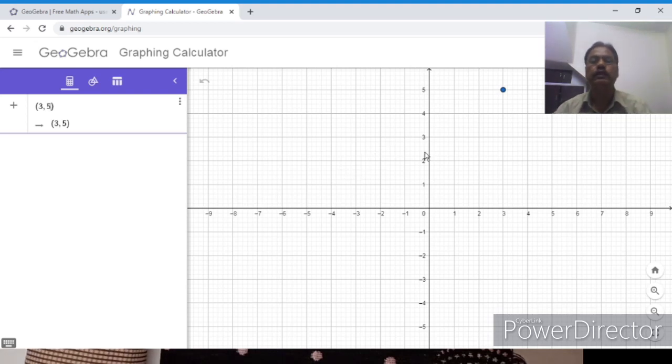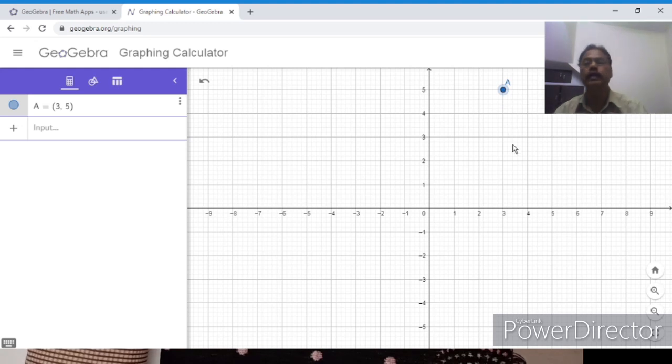See, the point is here. Yes, point A. You can see here it is lying in the first quadrant. This is the first quadrant, this is the second quadrant, this is the third, and this is the fourth quadrant. So exactly it is lying in the first quadrant.